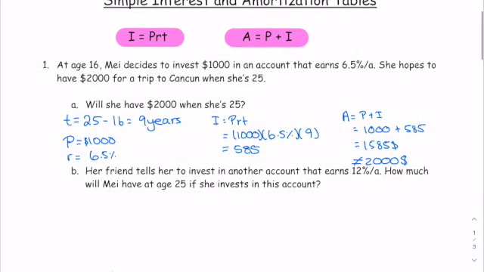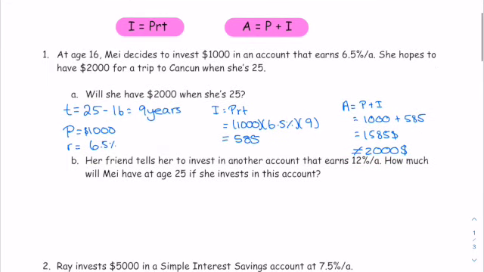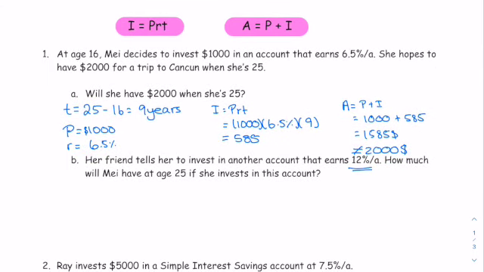Her friend, however, tells her to invest in another account that earns 12%. How much will she have at age 25 if she uses this account instead? So here, we're going to change our rate from 6.5 to 12. The rest of the information is the same, but this is 12% now. So this part here and this part here are changed.